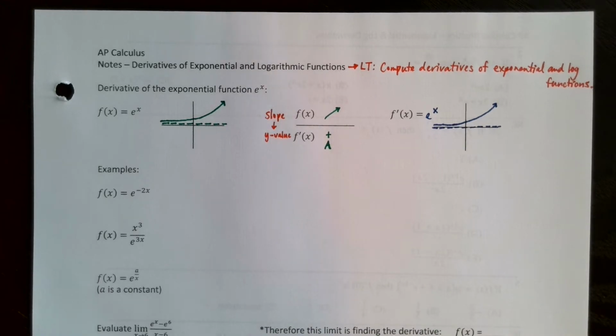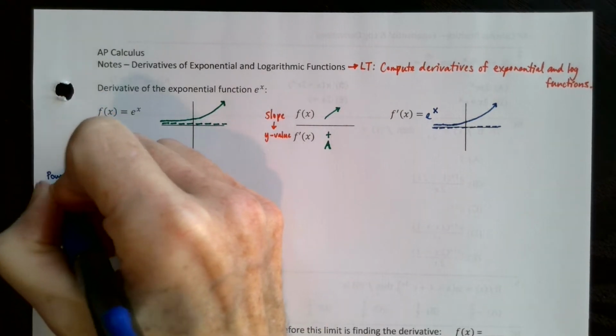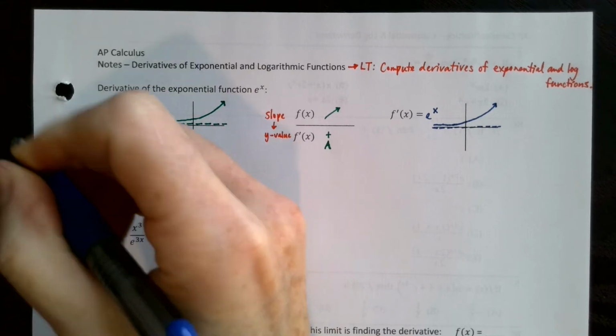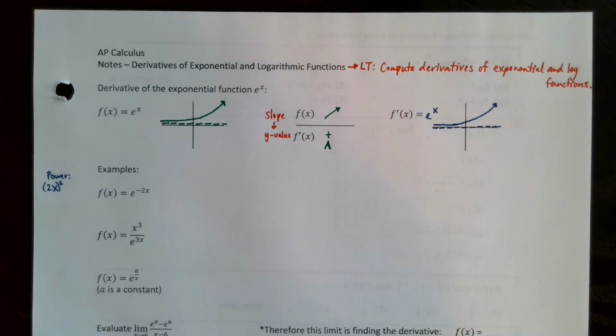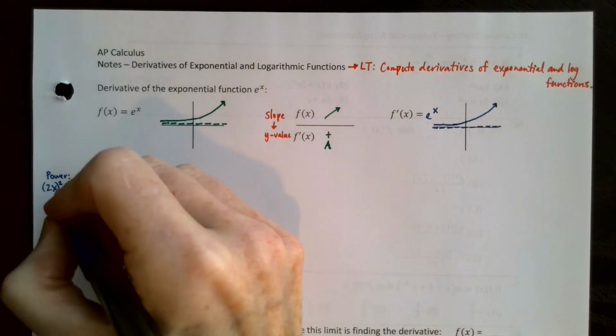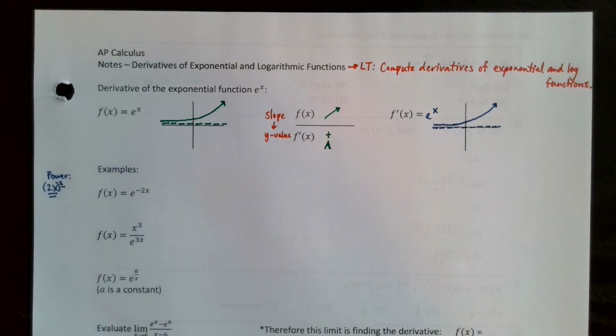The only way that the problems can get a little more complicated is, of course, if we involve the chain rule, which we'll see in our first example. So normally when we have a power function, such as something like x squared, or just to talk more specifically about chain rule, 2x squared, the power would be our outside function and the 2x would be our inside function.